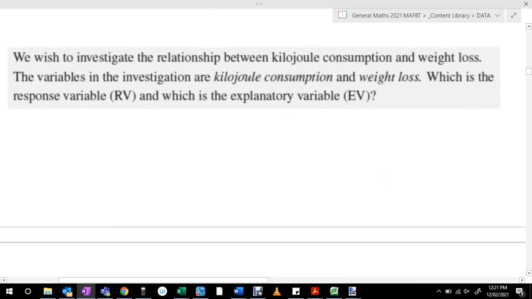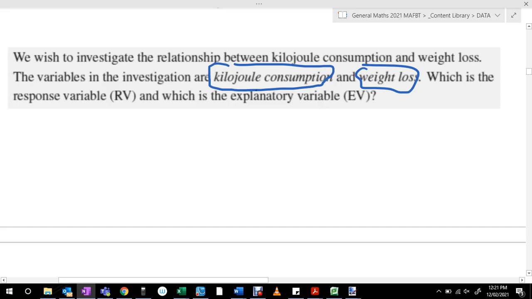Let's try this one. You've got two variables, kilojoule consumption and weight loss. So what's EV, what's RV? So this is about people trying to lose weight? It could be both. This is a tricky one.